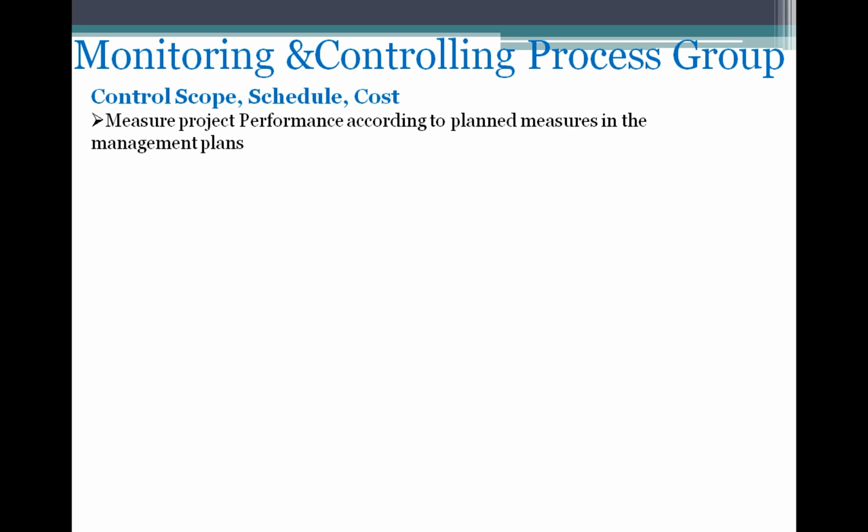So to control scope, schedule and cost, he measures the project performance according to the planned measures in the management plan. The project management plan defines the measures, and according to those measures he measures the project performance.